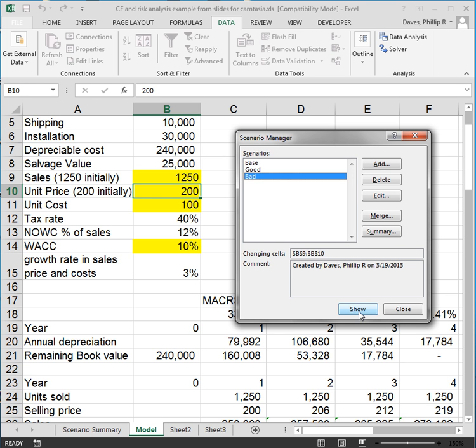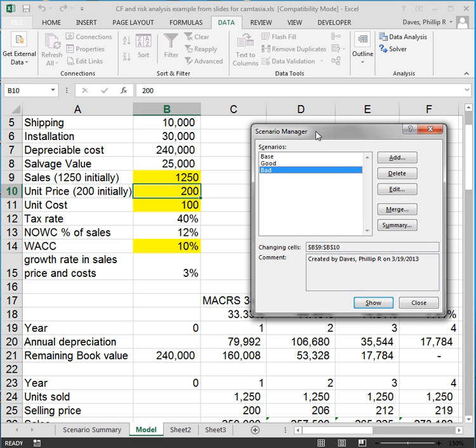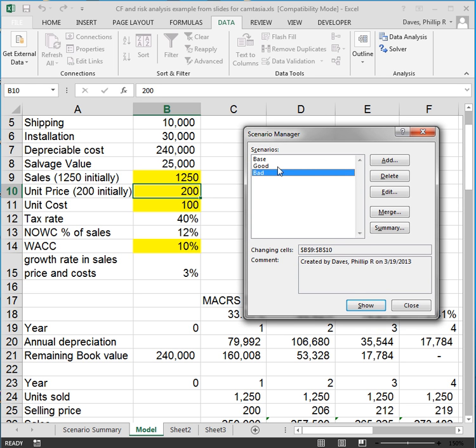All right. Now, if you want to look at a certain scenario for your whole model, then you just view it. For example, in this case, we're looking at the base case, and if I click the show button, it's going to show us exactly what we have. But if I click on the good case, notice that B9 and B10 are going to change if I hit show to 1600 and 240.